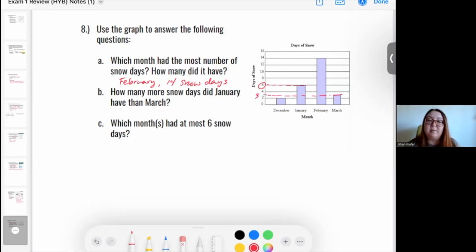So if we want to know how many more snow days did January have than March, we can subtract. 6 snow days minus 3 snow days equals 3 snow days. So January had 3 more snow days.